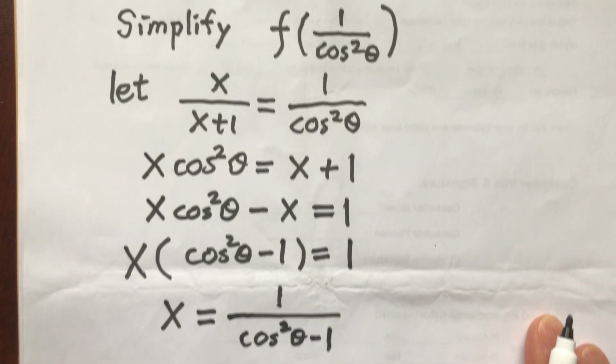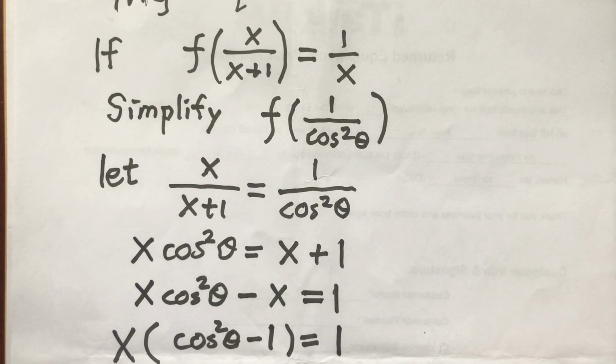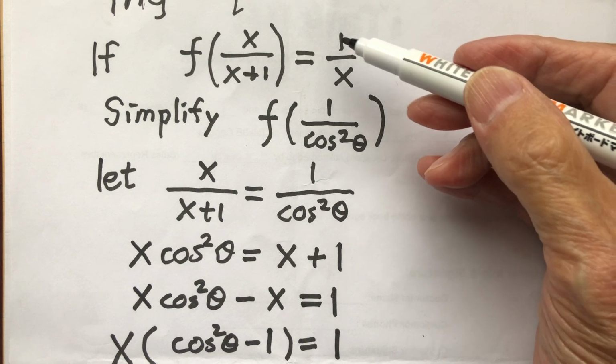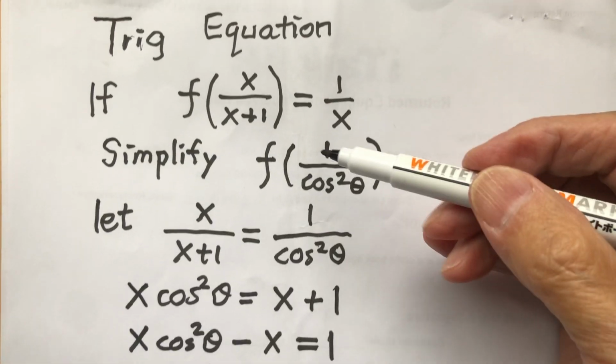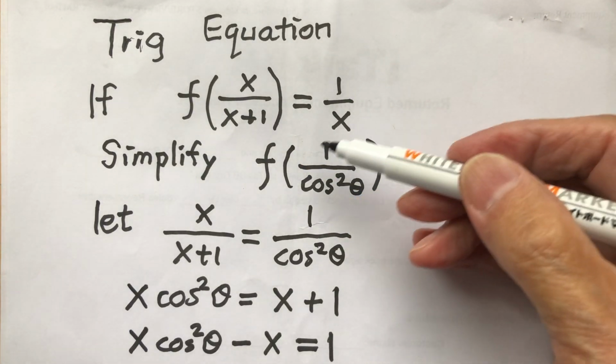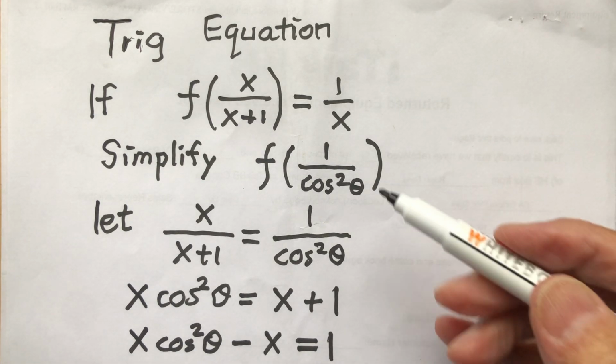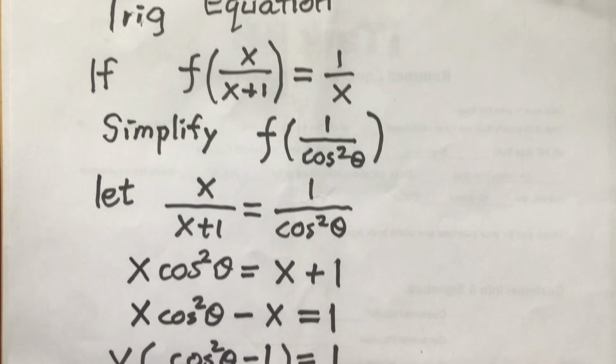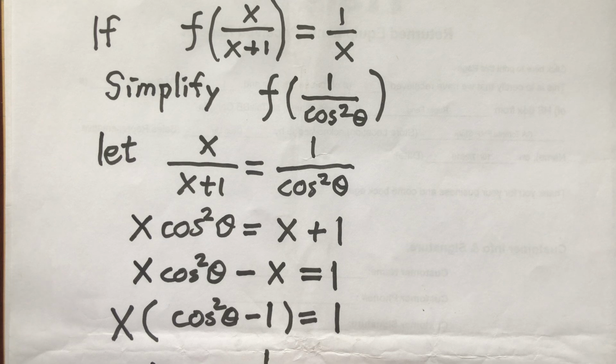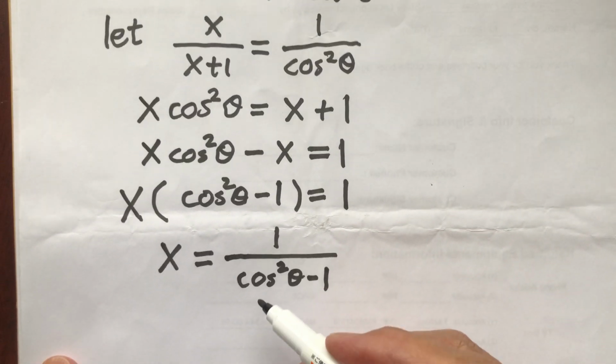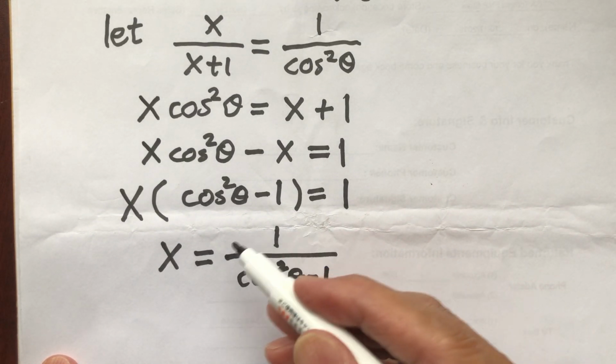Now, what we have done is let this equal to this. So I have x equal to this.